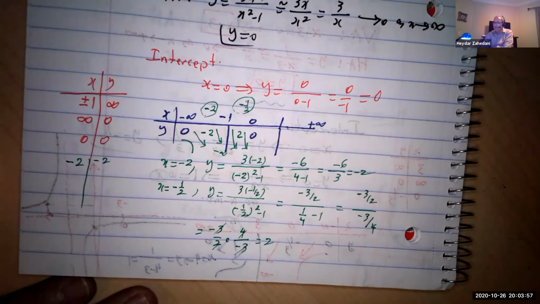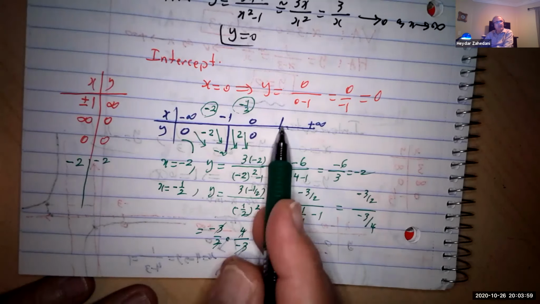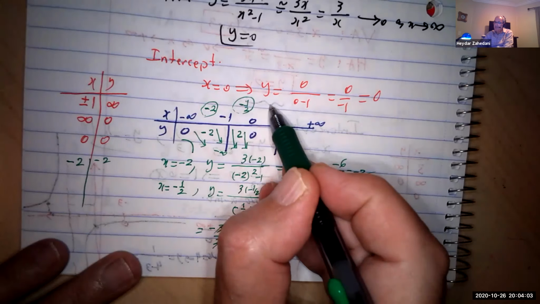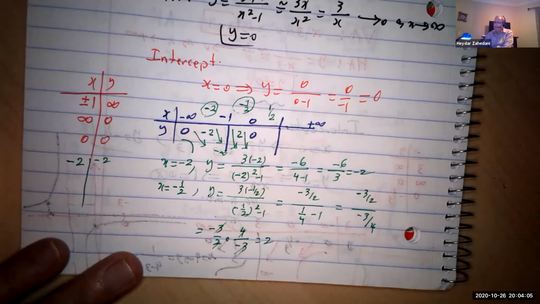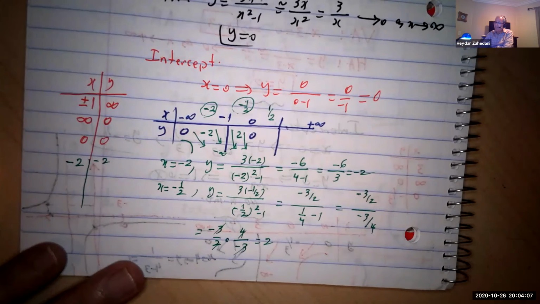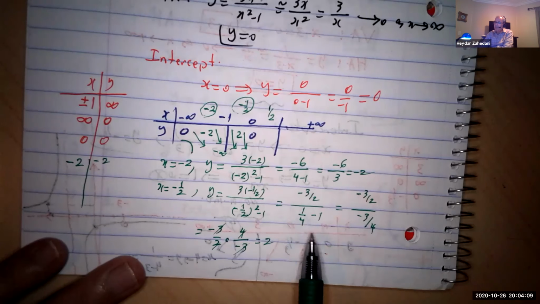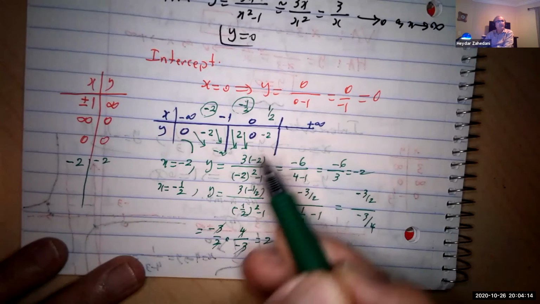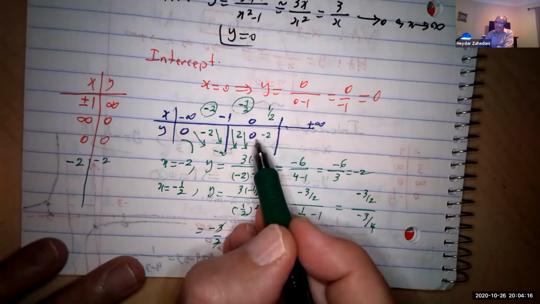So what we can do, another number here between 0 and a half. If you pick the 1 half, it's kind of a symmetric property. You get the 1 half, only the negative would be different. So that gives you a negative 2. So this means you go down again.